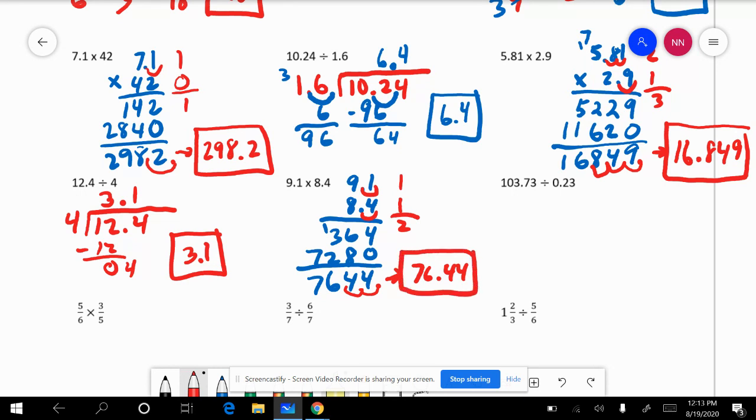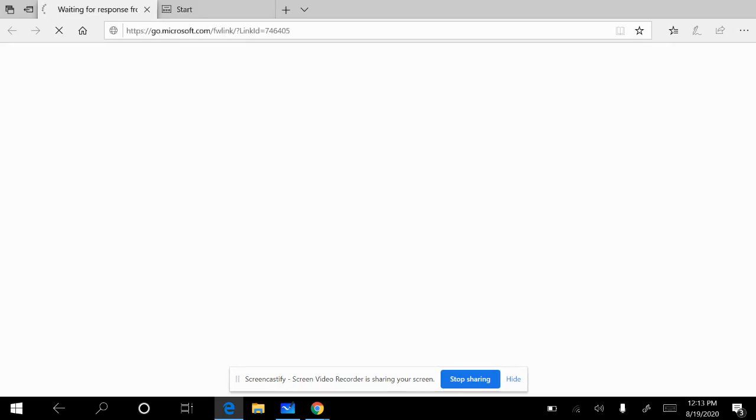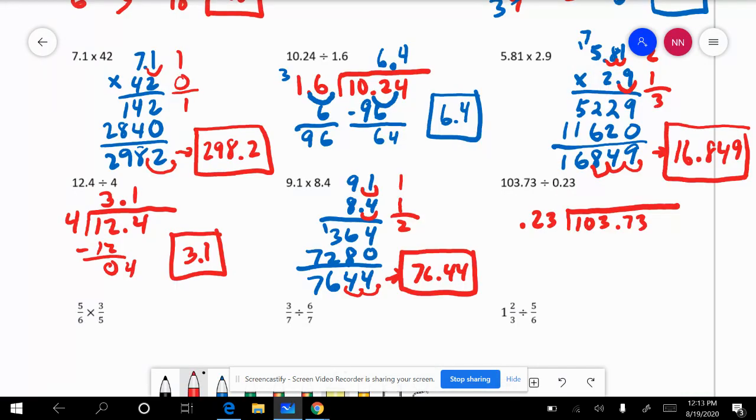Now, when we're looking at our last one, what we have is 0.23 divided by 103.73. Remember, first thing that we're going to do is move the decimal place over 2.